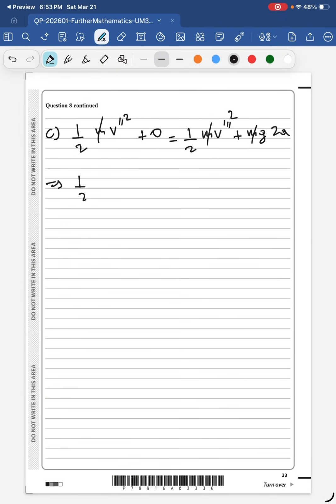We have 1/2 times 12ag is 1/2 v triple prime squared plus 2ag. So v triple prime is the square root of 8ga.